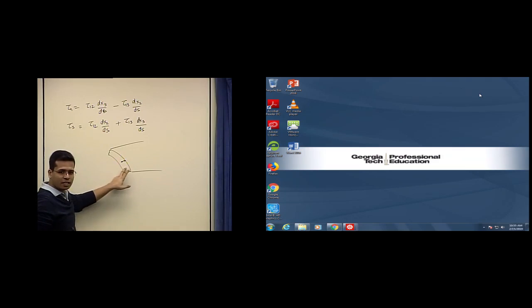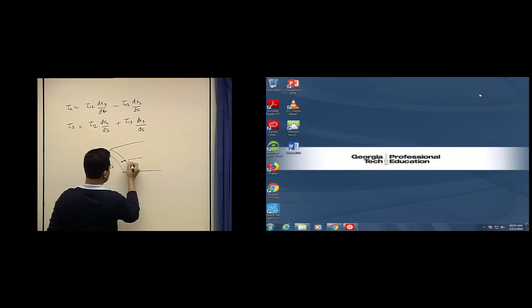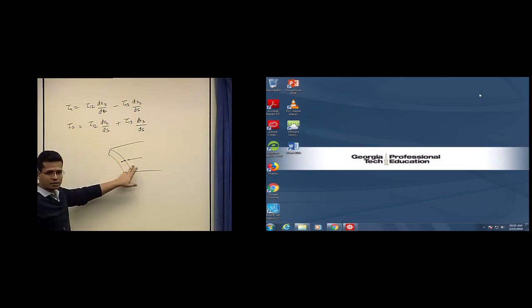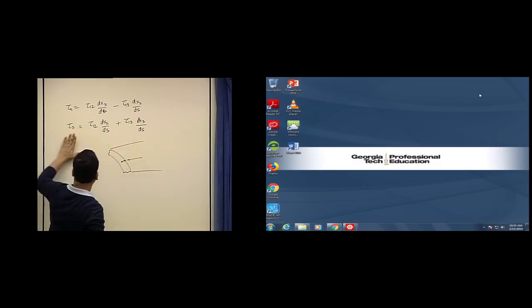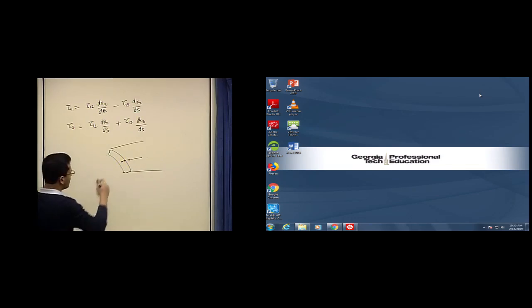If I have to satisfy the reciprocity of shear stress, there should be a shear stress in this direction as well to balance it. But this is a free edge. So in thin walled beams, tau n, which is the normal shear stress, goes to 0, so that it satisfies reciprocity.